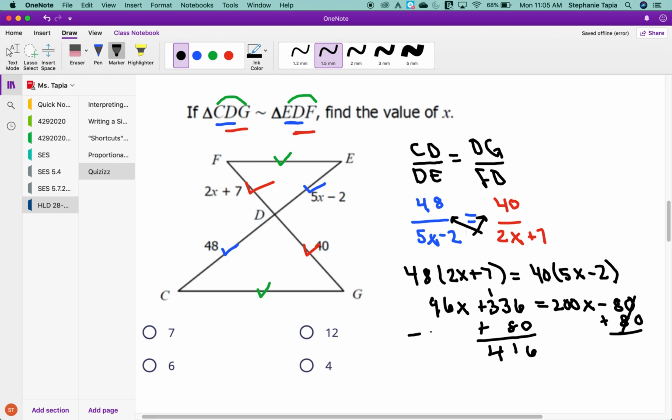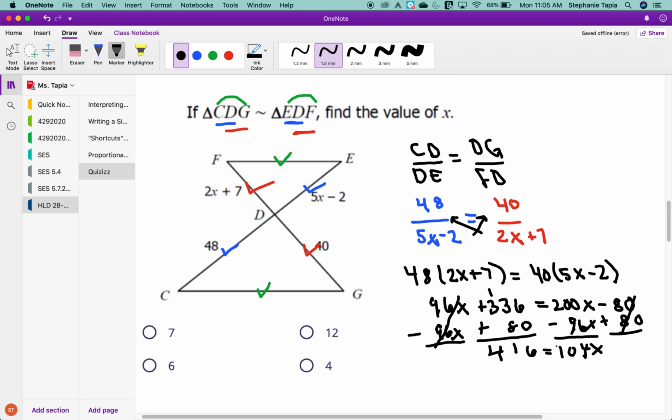And now I'm going to subtract 96x on both sides. And that leaves me with, what is this, 104x, if I'm not mistaken. So I have 416 is equal to 104x.